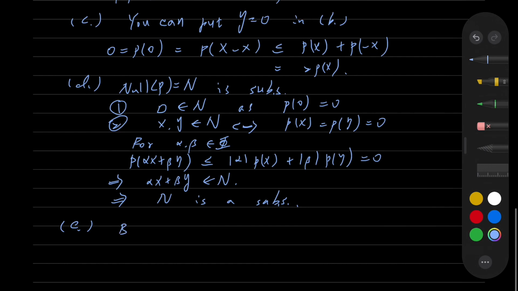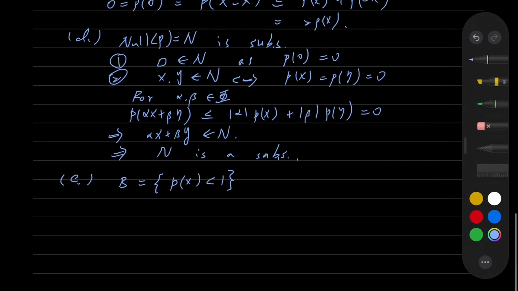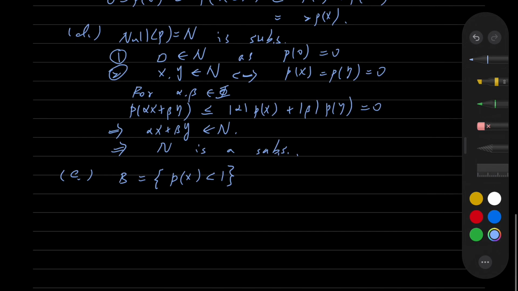Finally, we define the new set called B, which is the set of vectors such that the seminorm is smaller than 1. Then we want to prove first that it is convex. So let x and y be inside B. So we have P of x and P of y smaller than 1.